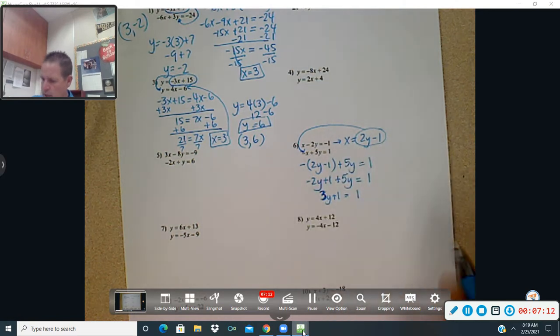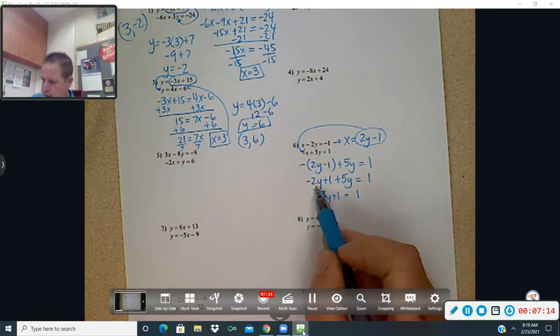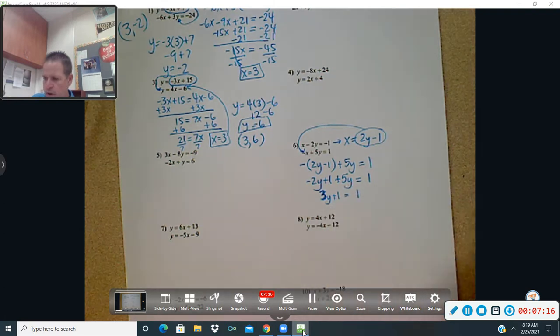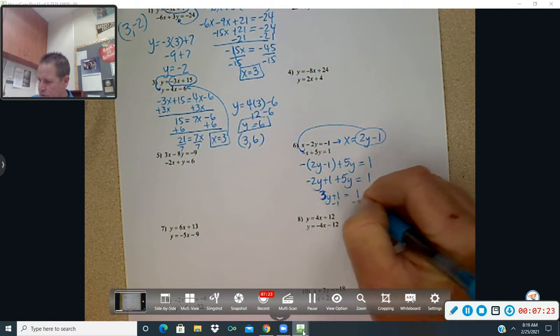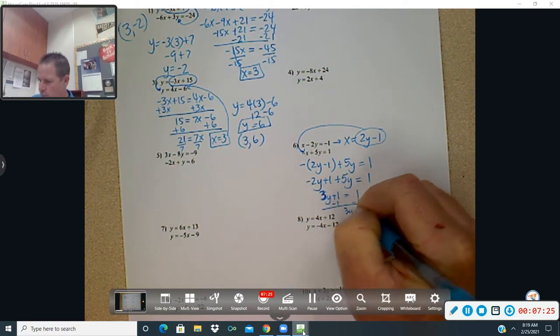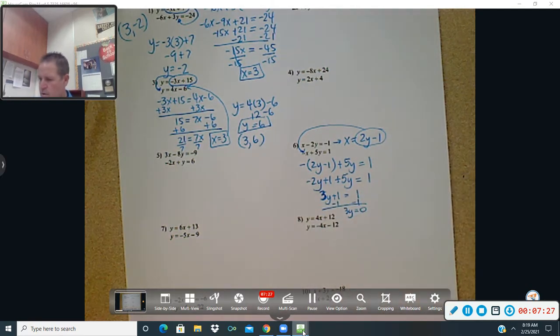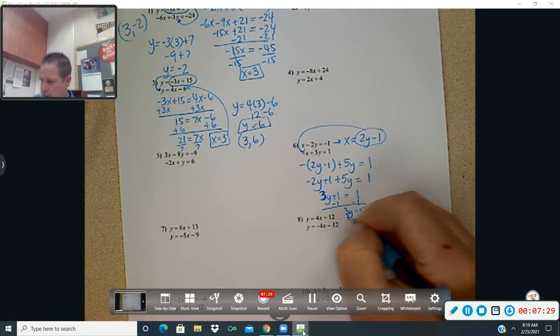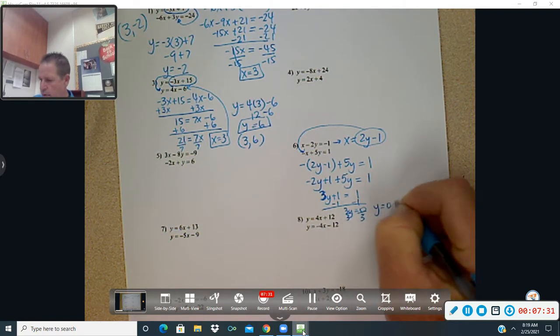Negative 2y plus 5y is 3y, right? Then we're going to subtract 1 from each side to get 3y equals 0. Divide each side by 3, and you're going to get that y equals 0.